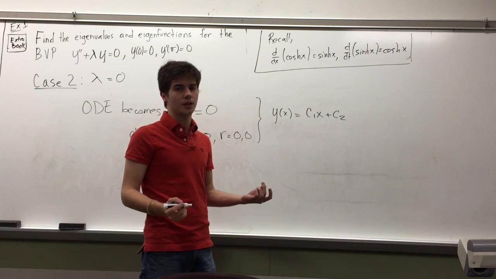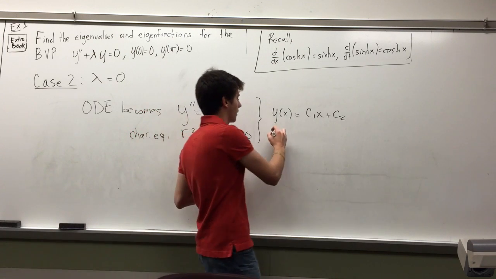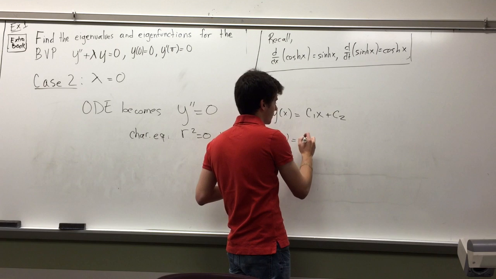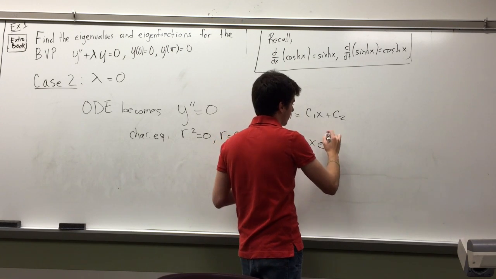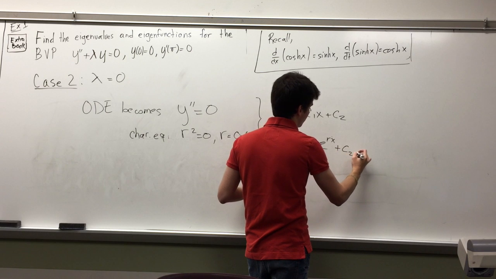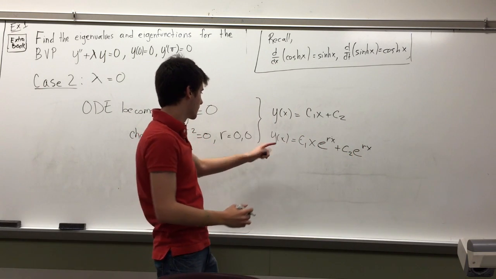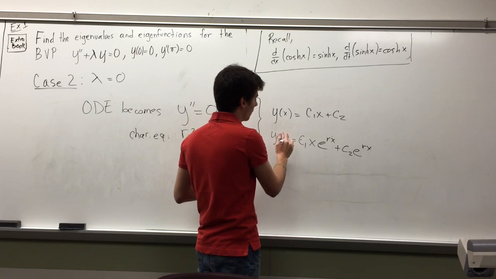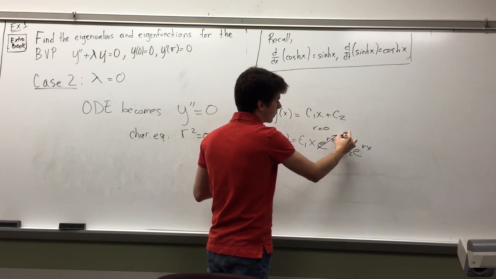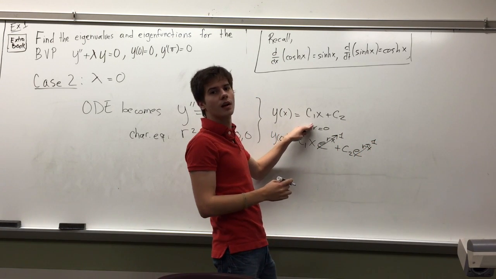So just to remind you, when we have a repeated root, our full solution would be c1 x e to the rx plus c2 e to the rx. This would be our full solution, but since r is equal to 0, then this term is going to be equal to 1, this term is going to be equal to 1, so this is our actual solution.